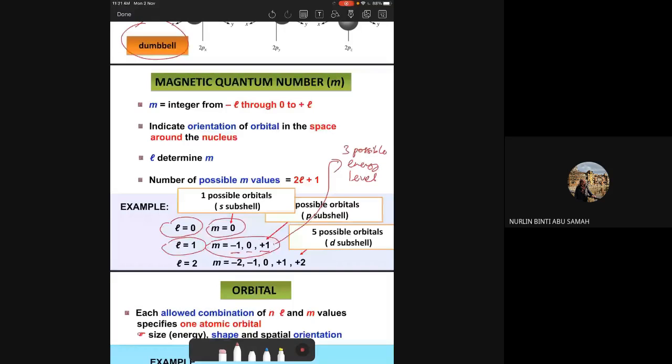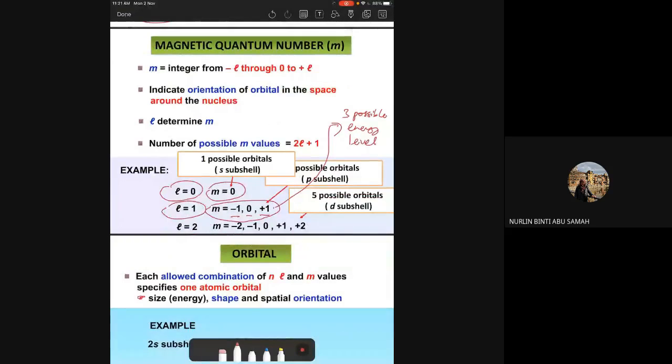It can consist of s orbital and also p orbital, but not d. Do you understand? If, for example, l equals 1, the d orbital is not allowed. This is the order, the arrangement of quantum numbers, so you need to follow it. Can?